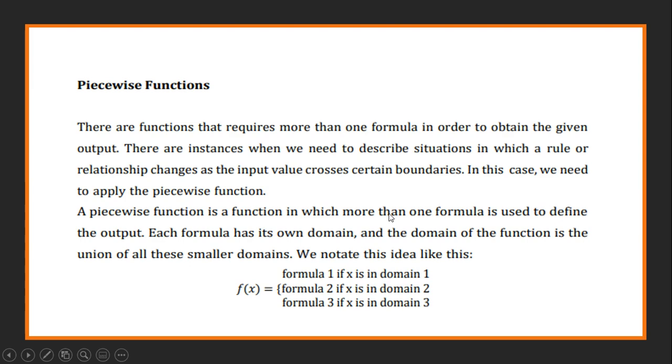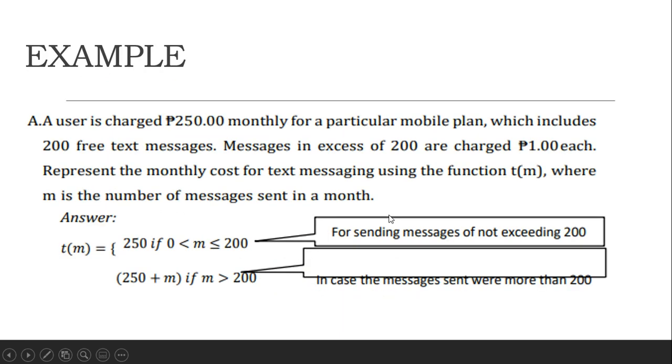So, situational kasi ito. Example nito, a user is charged 250 pesos monthly for a particular mobile plan which includes 200 free text messages. Messages in excess of 200 are charged 1 peso each. Represent the monthly cost for text messaging using the function T(M).